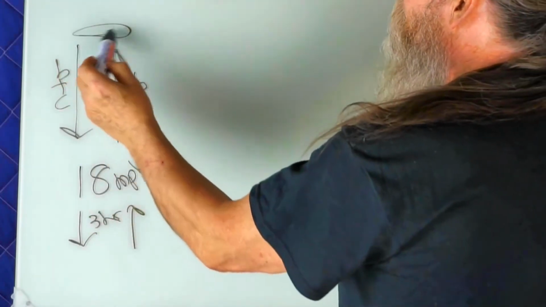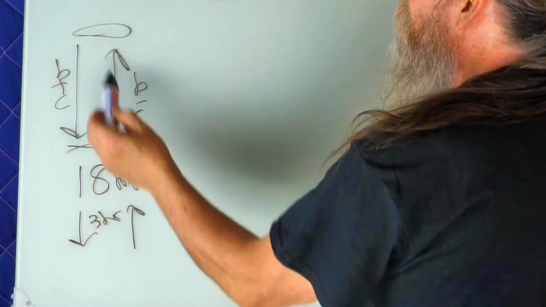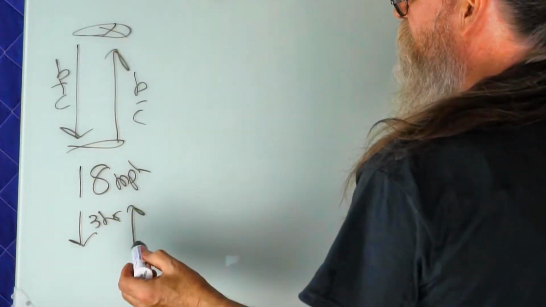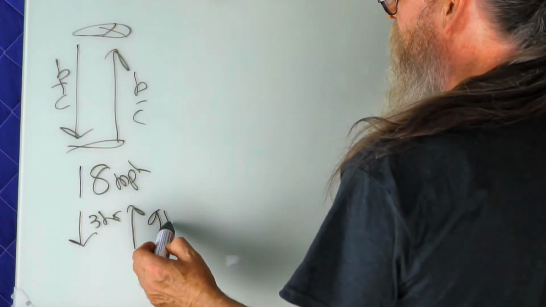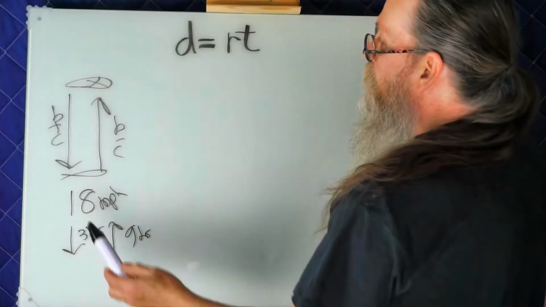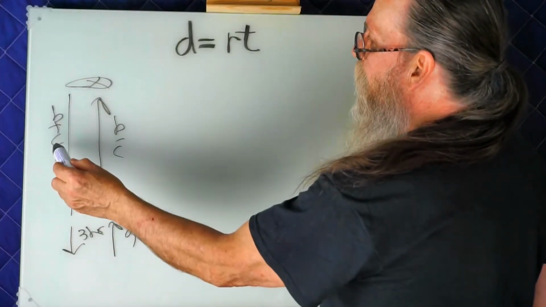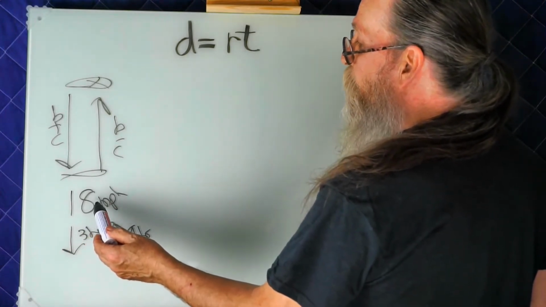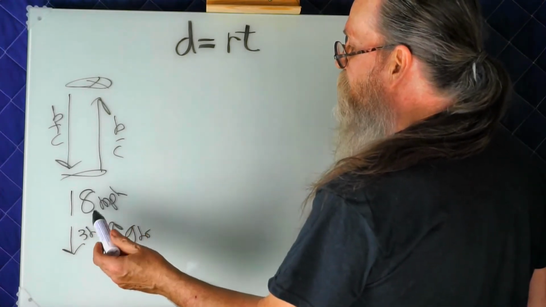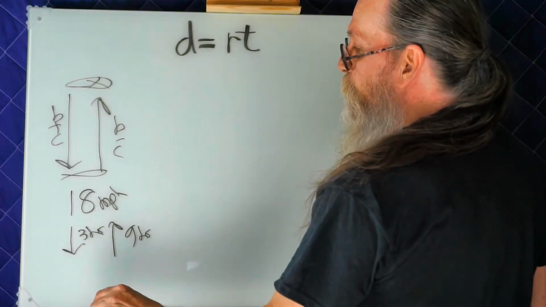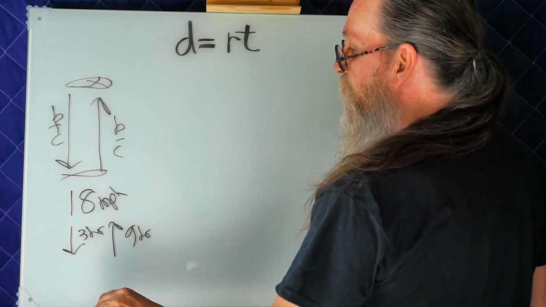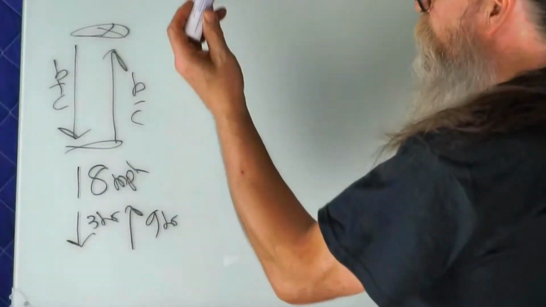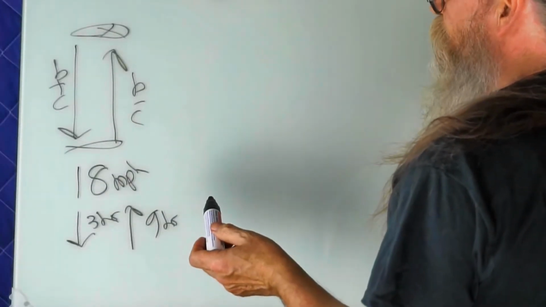So if it's starting up here and it's going to here, then it goes back to the place that it started. So let's say it makes it back in 9 hours. So downstream, we add the current. Upstream, we subtract the current. The speed of the boat all by itself is 18 miles per hour. It travels for 3 hours heading downstream and travels 9 hours for upstream.